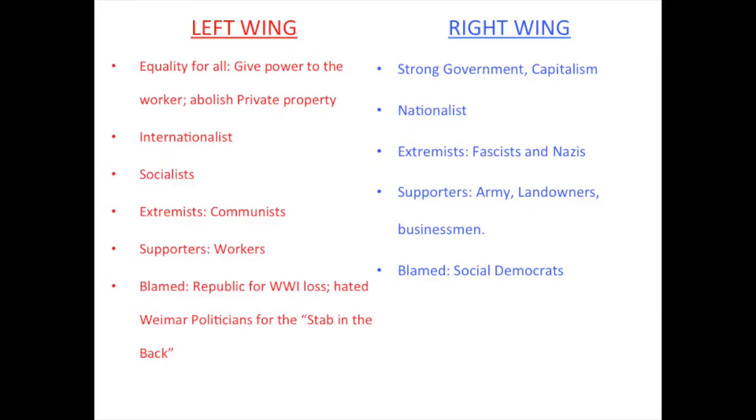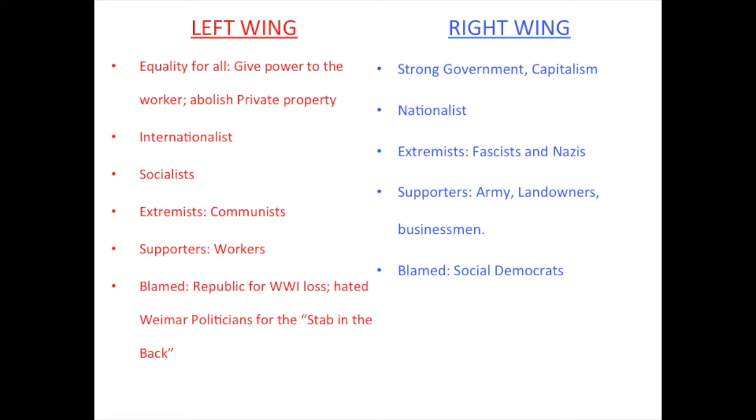A large source of conflict in the Weimar Republic was the fact that the people were divided into two major groups, the left and right wings. The left wing was for equality, giving the power to the worker, and abolishing private property. It was just a group of socialists, with the extremists being the communists. They were internationalists and believed in getting along with all other countries. Their supporters were the workers.